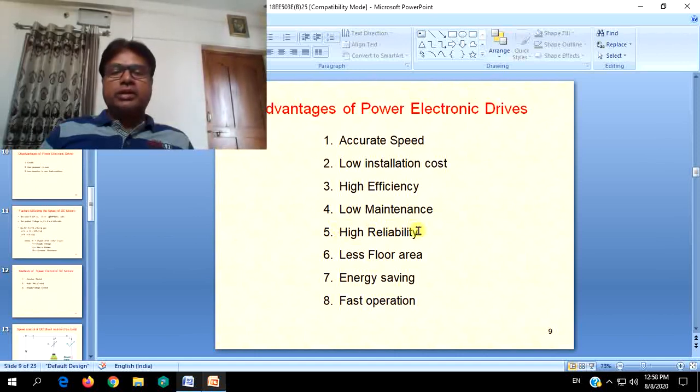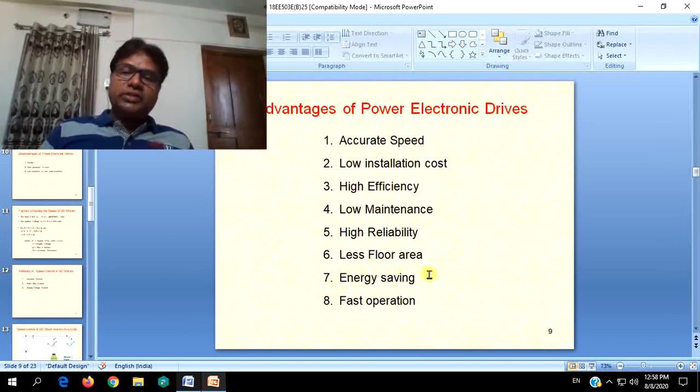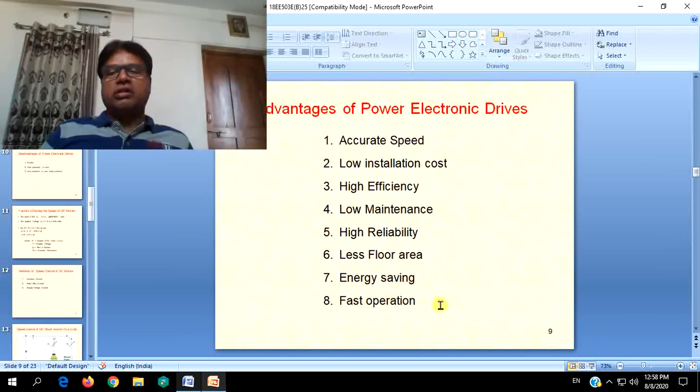Whenever they are operated, they will reliably deliver the output. Less floor area, obviously volume and size of the equipment will decrease, floor area will decrease, energy will be saved, and most importantly faster operations. Turn on, turn off, everything will be very fast, which we cannot even imagine compared to conventional drives.